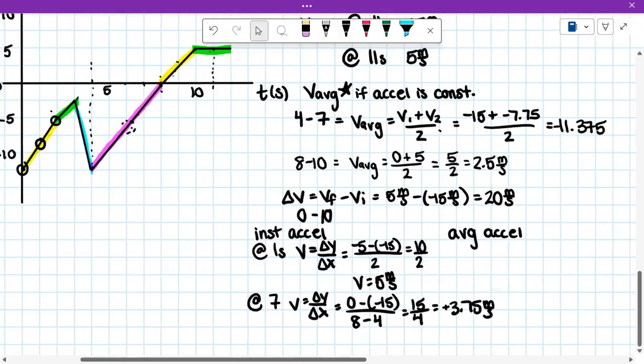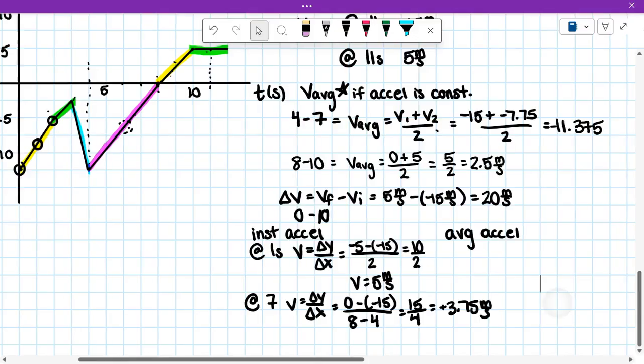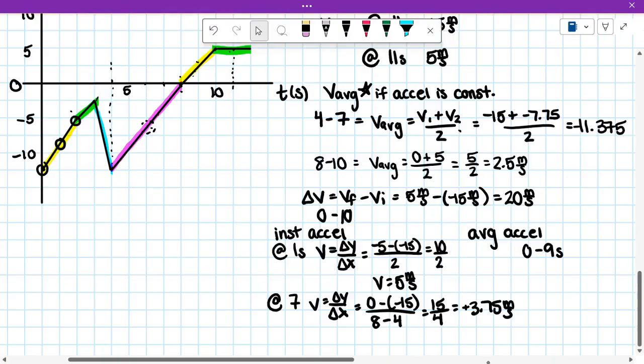Then we have average acceleration. So this is good when we have time frames that cover multiple accelerations. So let's say I wanted to find the average acceleration between 0 and 9 seconds. Okay. That gets complicated because I have 1, 2, 3, 4 accelerations based on the 4 different slopes.